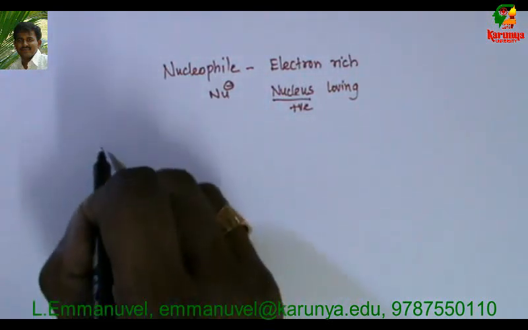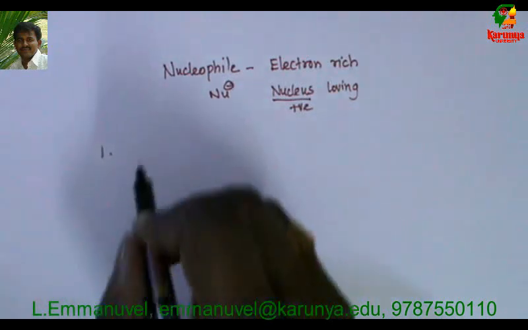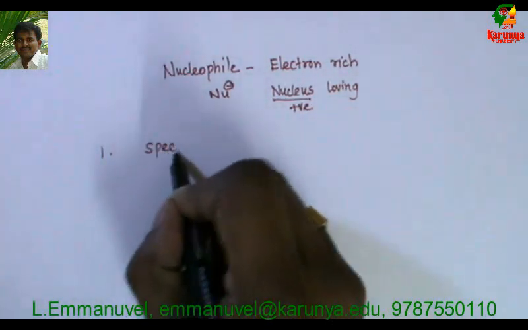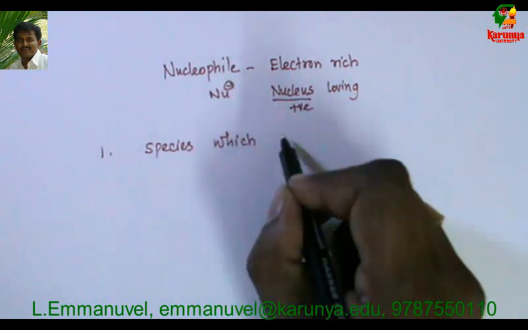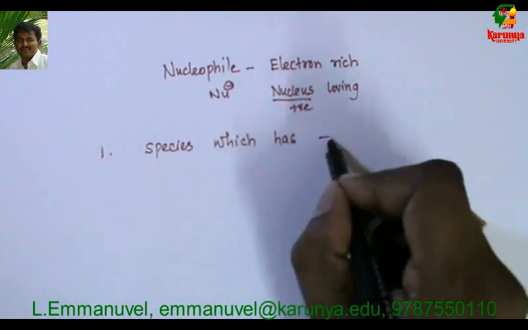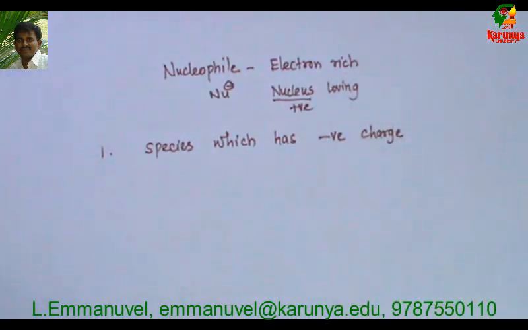Now, I am going to categorize the nucleophiles into three categories. The first one, the species which has negative charge. If there is a minus on any species, then you can say it can act as a nucleophile.